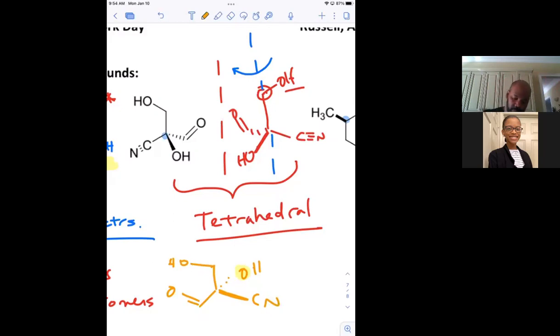If I turned the whole thing and did not rotate around the axis, I would end up with this. So now this is the aldehyde, that's the OH, and that's the cyanide.